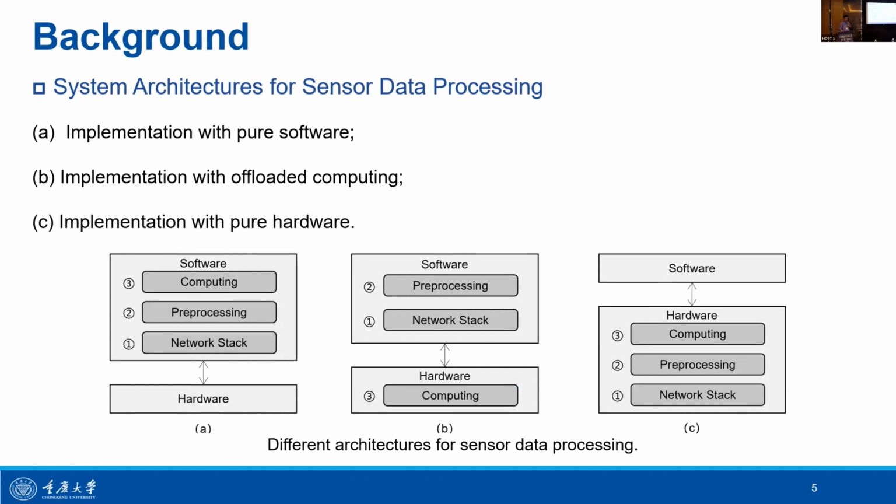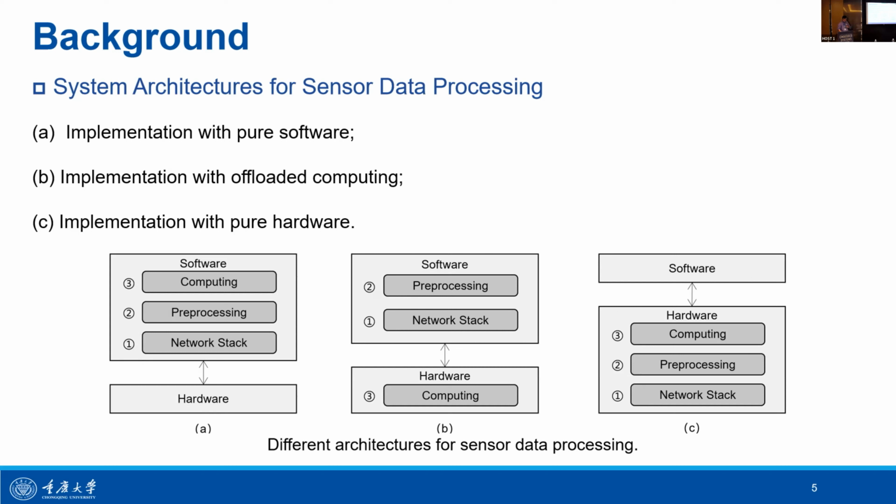On heterogeneous platforms, there are different architectures for data processing. Architecture A is common in host computers, but is impractical for embedded systems for its high demand in processors. The typical architecture after offloading computing is shown in Figure B. Although this architecture breaks the computational bottleneck, the issue of data receiving and preprocessing is still unanswered.